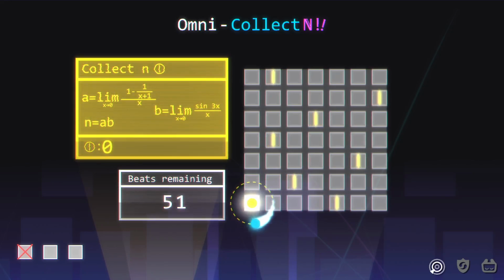Oh my god, dude. The limit of sine of x over x as x goes to 0 is... Can't you do this with L'Hopital's?